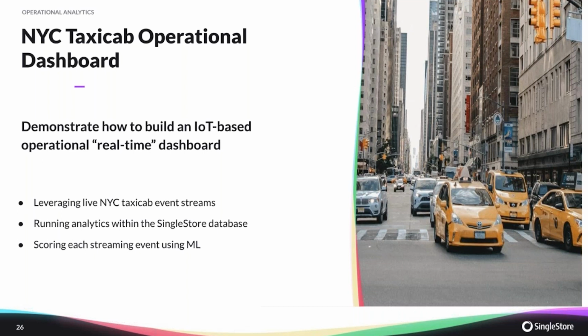Now, what we're going to do is use the New York City taxicab public data. We're going to build a real-time dashboard. We're going to do that with SingleStore as that de facto always-on modern database supporting analytics with an SLA.